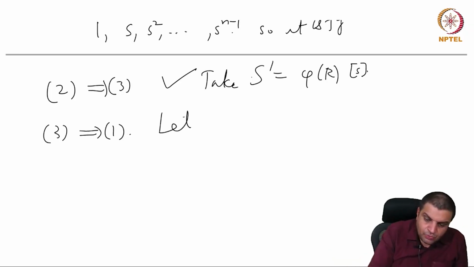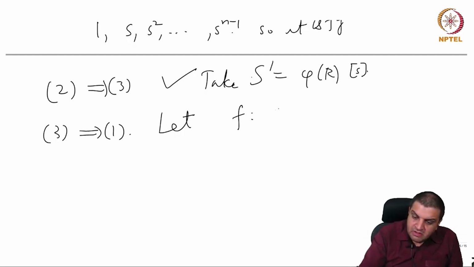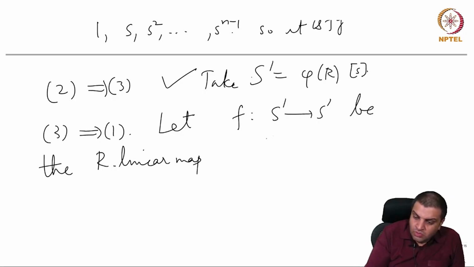So we'll use a determinant trick. Okay, so let f from S prime to S prime be the R-linear map given by multiplication by s.